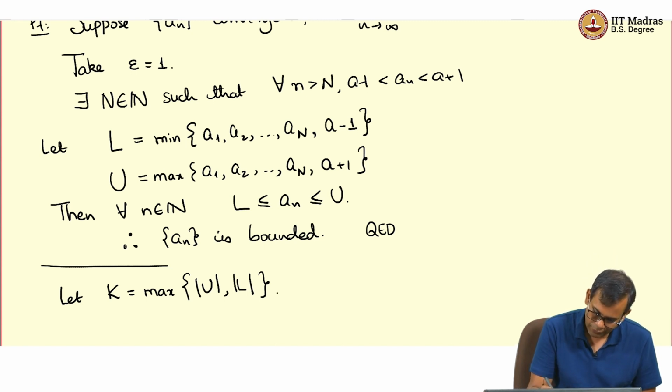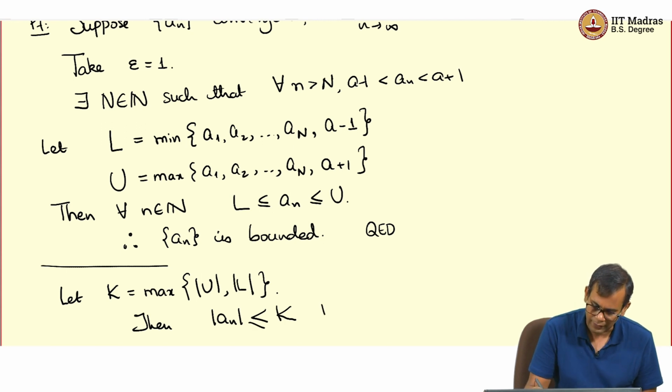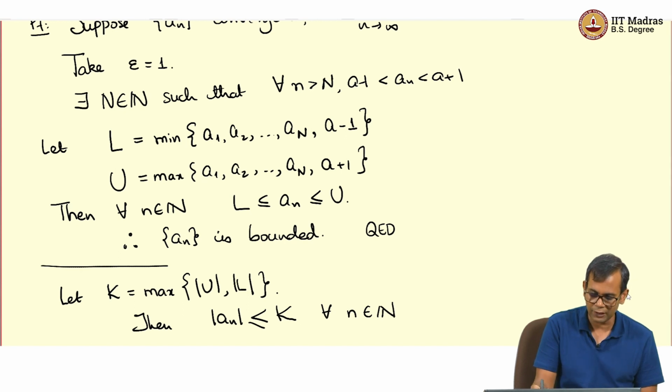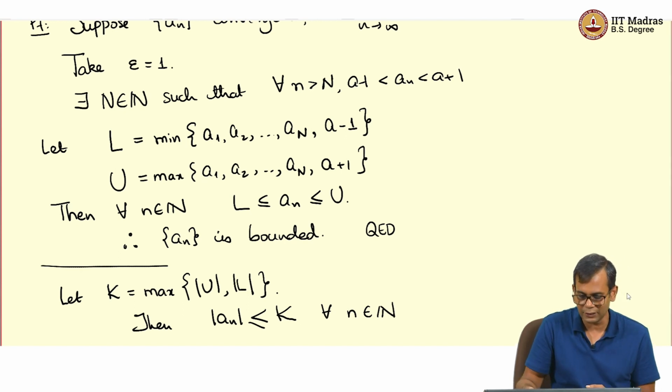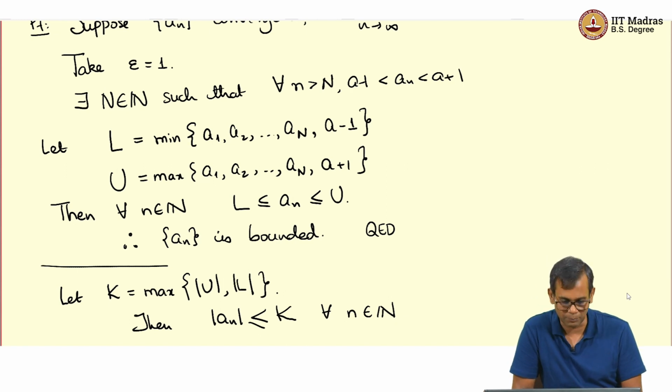Then what we have is that the absolute value of a_n is less than or equal to k for all n in N. So this is another way of thinking about bounded sequences. A bounded sequence is a sequence which has an upper bound and a lower bound, or equivalently a sequence whose absolute value has an upper bound.